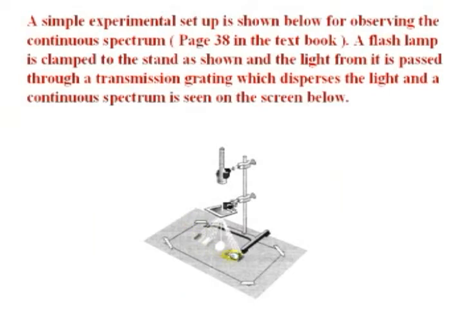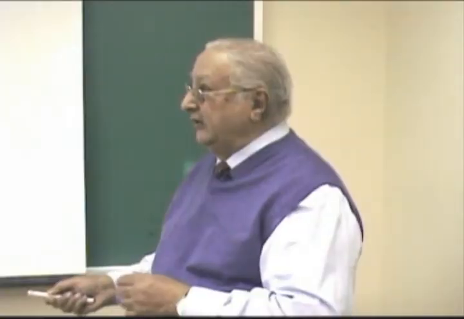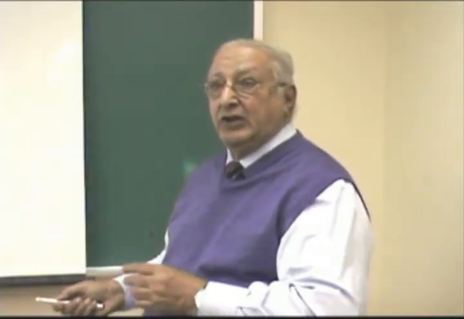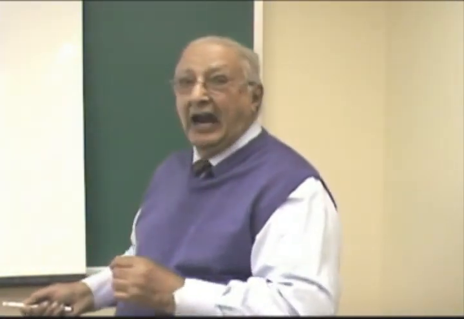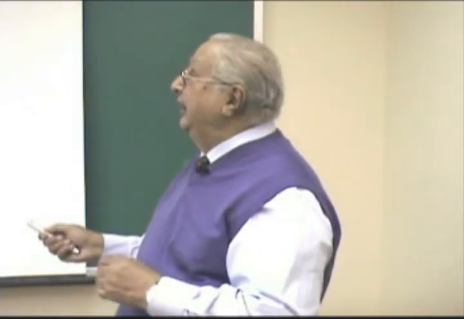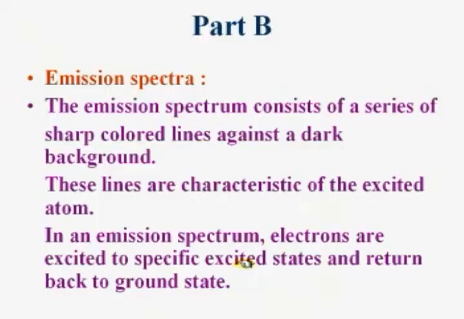Below this we can record the spectrum. When you see the experiment, you will see the continuous spectrum. You will note the different colors, mark their approximate wavelengths, and then compare that with the continuous spectrum chart that we have.